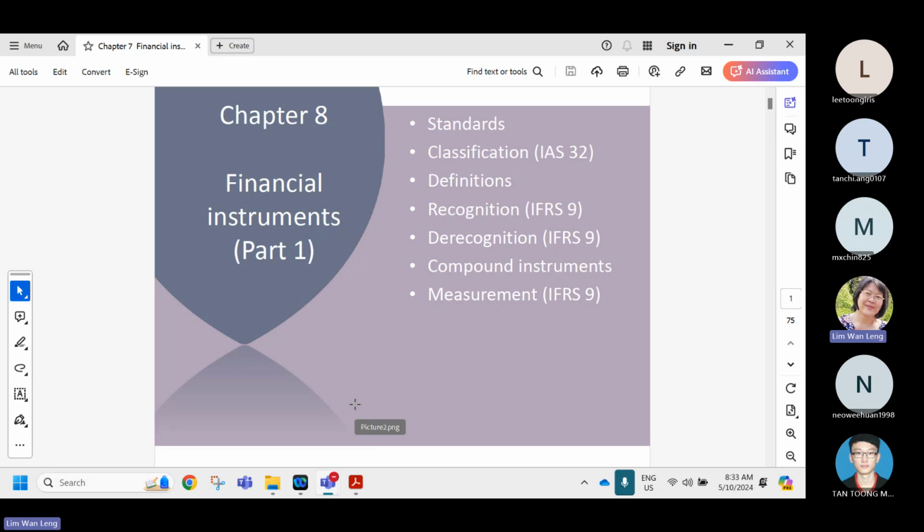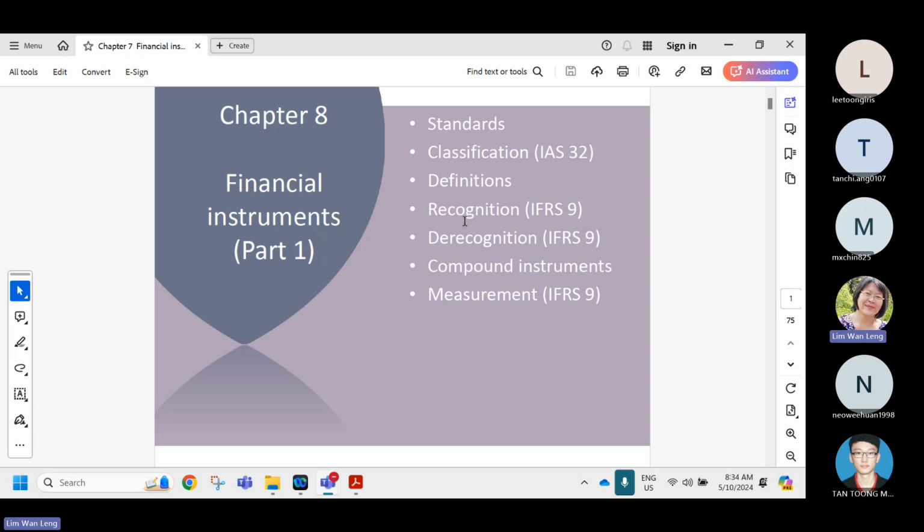But nevertheless, from the past year questions, usually they do not test you in very much detail with respect to financial instruments. Unless in the earlier years, whereby the financial instrument standards were still in the process of being superseded and replaced, and at that point in time it was a current issue. So right now, the financial instrument standards have already stabilized.